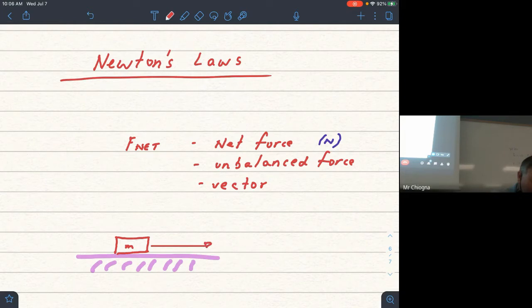There's some force parallel, horizontal to the ground. Call it an applied force. There is friction in the opposite direction. The block is moving this way, it's accelerating that way.